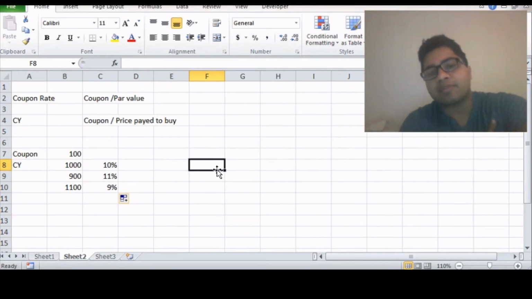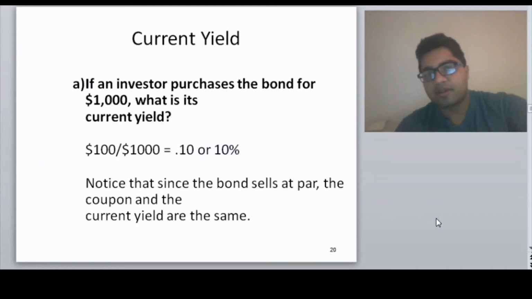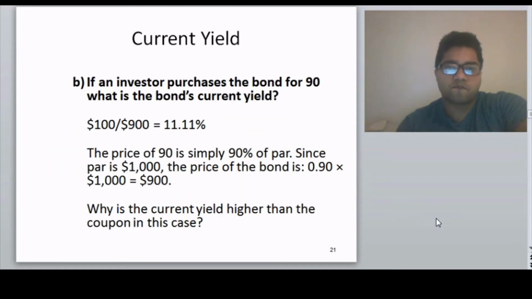So the yields are 10%, 11% and 9% respectively. Important thing: sometimes 90 is given but the par value is 1,000, so you have to scale it to 900. 110 is given, so you have to scale it to 1,100. So they have calculated it.